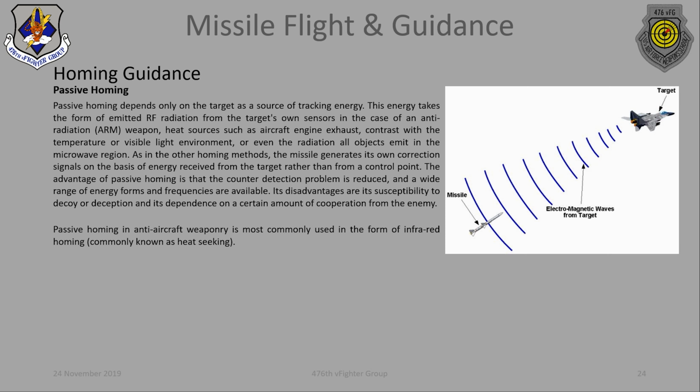First one is passive homing. There aren't really any examples of this in the surface-to-air or air-to-air missile environment. The only one you'll see in the RF spectrum, at least, is something like the HARM or Shrike. The only passive homing that you're going to see in the missile world is infrared. So every infrared guided system out there is using a passive homing technique, because the target itself is giving out all the guidance.